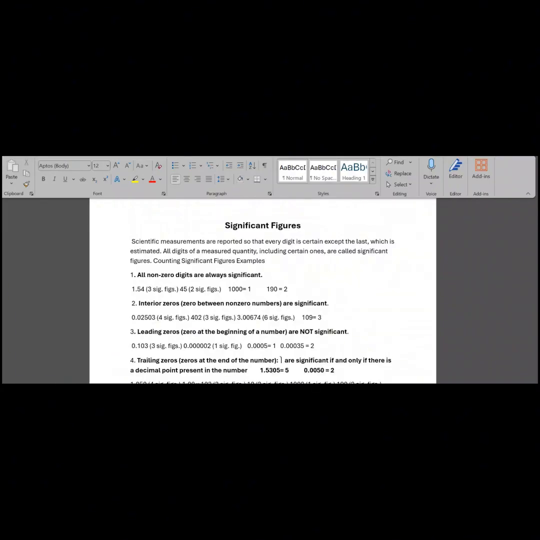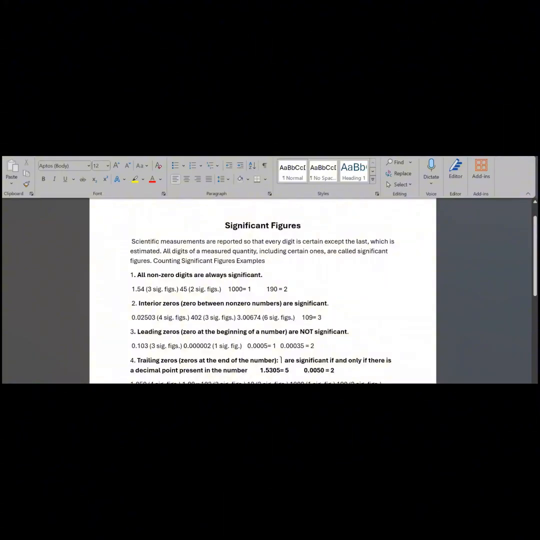Number 1, all non-zero digits are always significant. 1.54, 3 significant figures. 1000, you see 1, 1902. Rule number 2, interior zeros. Zeros between non-zero numbers are significant. 0.2503, so 4 significant numbers. And you see 109, there are 3 significant numbers.